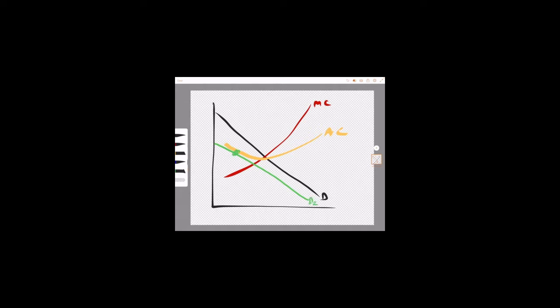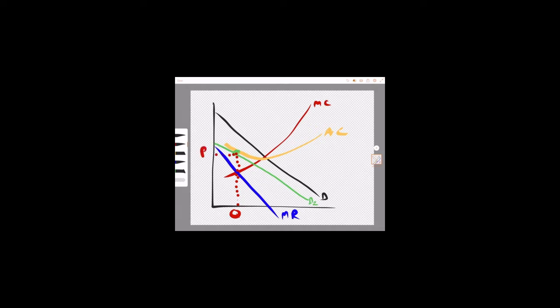It is important that we have a marginal revenue curve here, because now we can find where this firm's profit maximizing output is going to be right here, and the new price that it's going to charge.